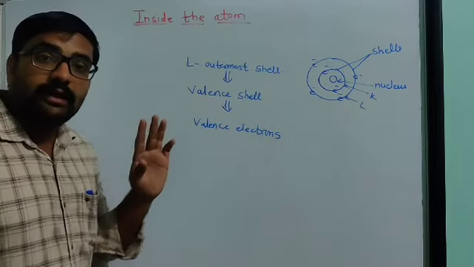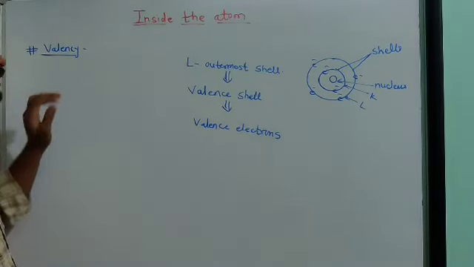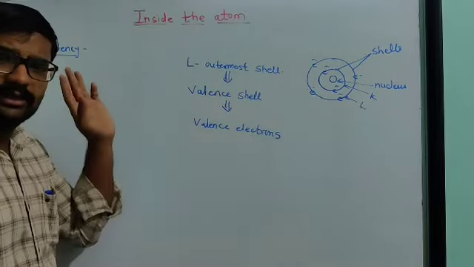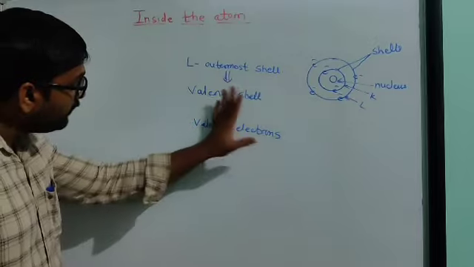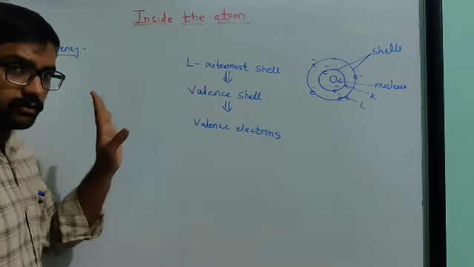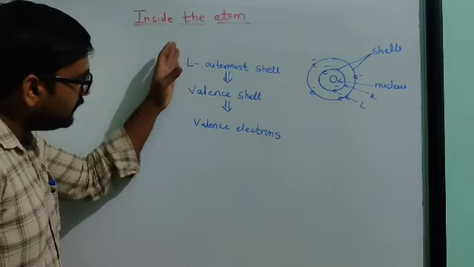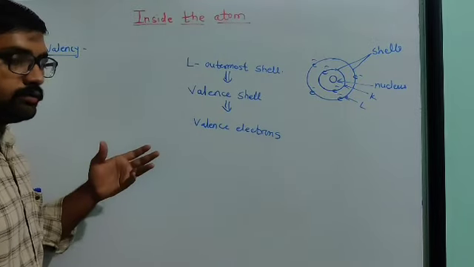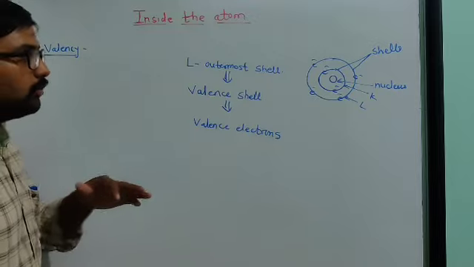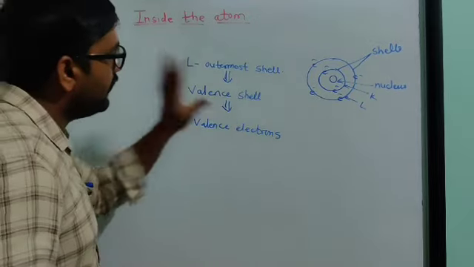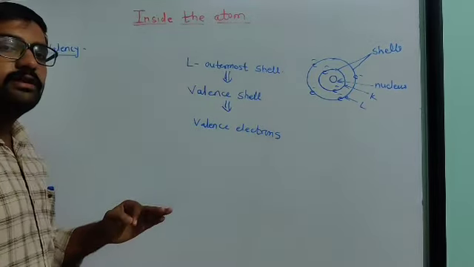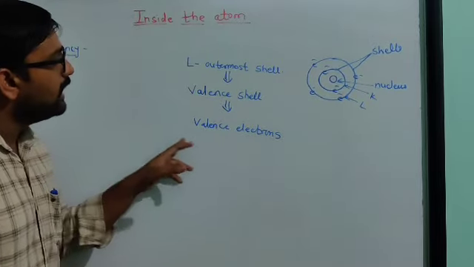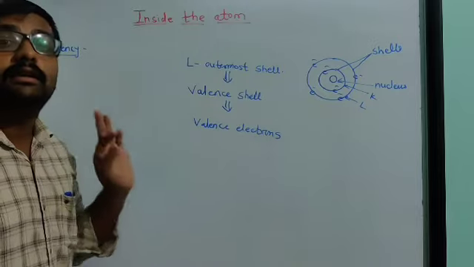Valence electron. We have to see the topic valency. Valence electron and valency are totally different concepts. So let me tell you some terms. The outermost shell is called valence shell, and the electrons which are present in the valence shell, meaning the outermost shell, are called valence electrons.